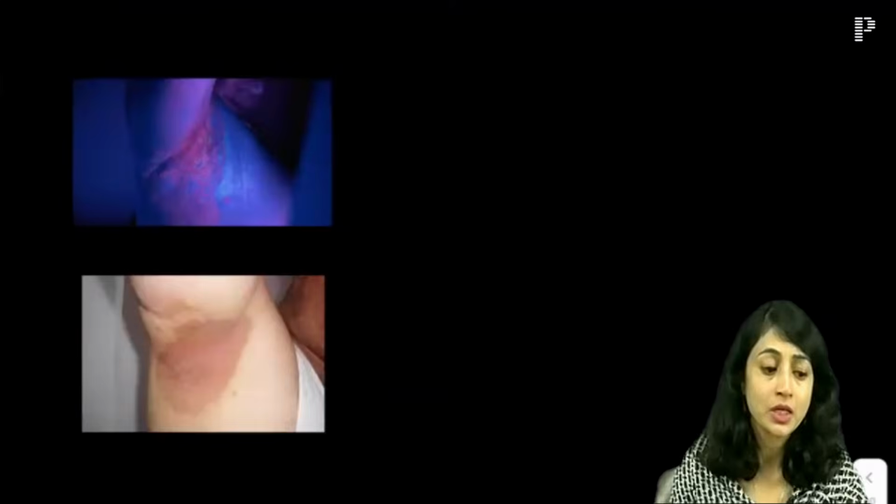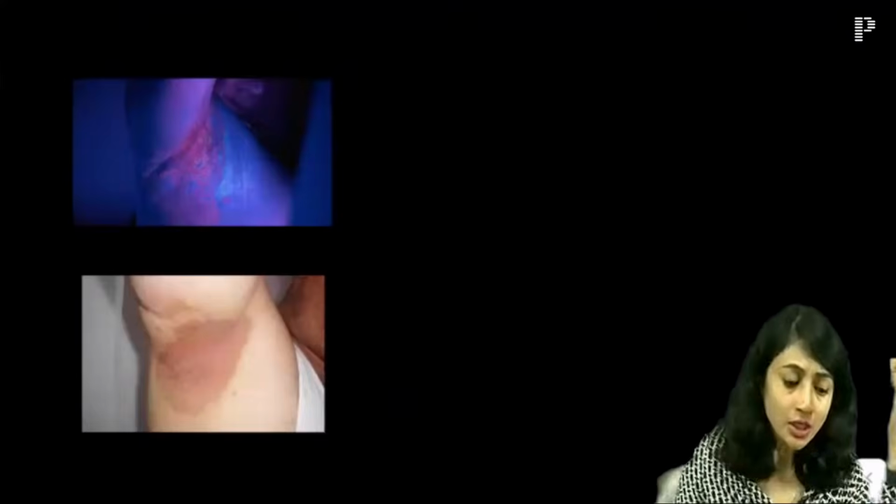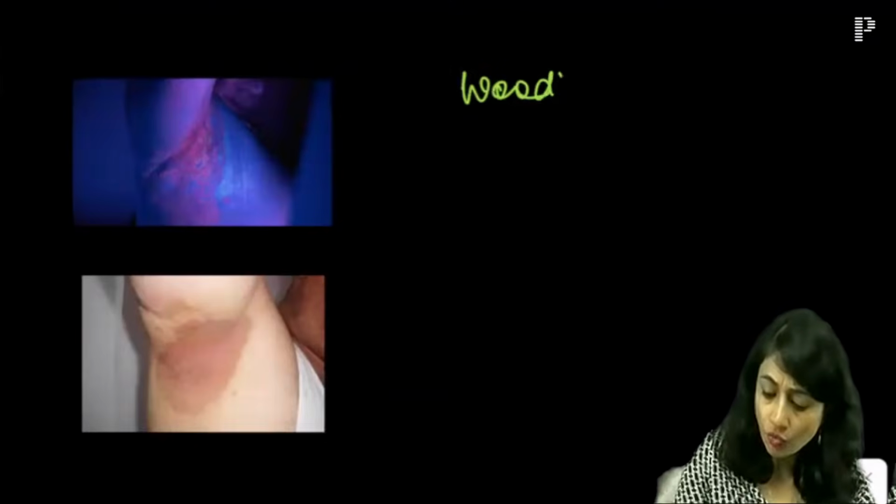Now, a very important thing happens. When you see this, you have to differentiate it from tinea, because tinea will also commonly present with erythematous scaly lesions. So how do you differentiate tinea from Corynebacterium infection? The best test to do that is Wood's lamp.